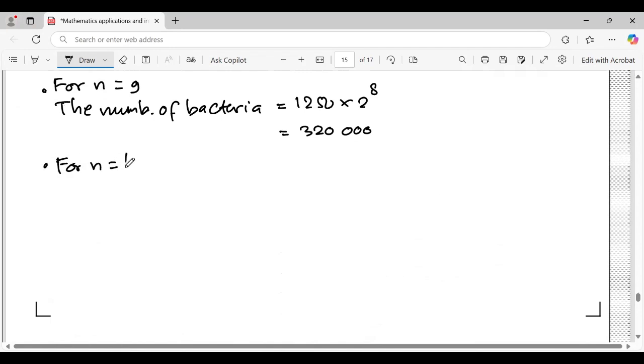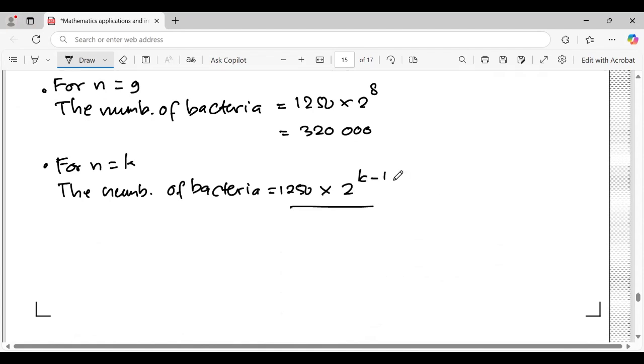For n equals k, at 10k minutes, the number of bacteria equals 1,250 times 2 to the power k minus 1.